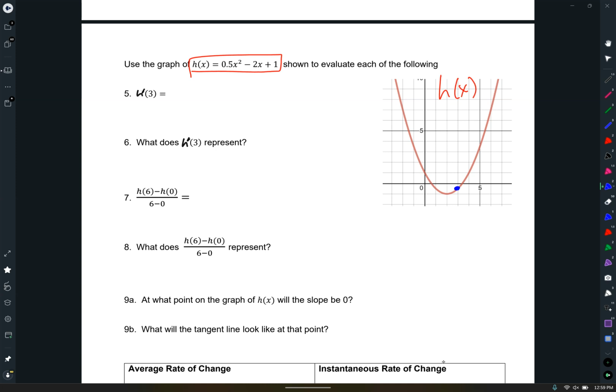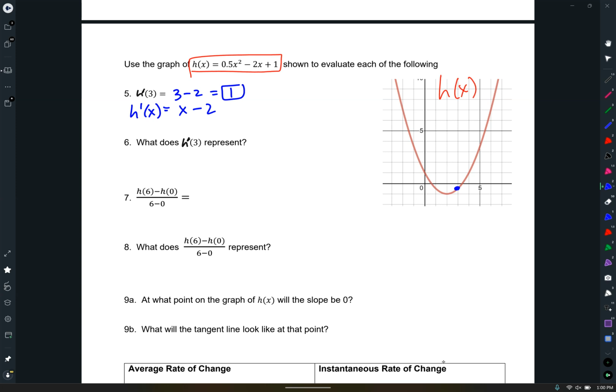So I know that h prime of x is going to be, bring down the 2 times the 1/2, so that's going to cancel, x to the 1st minus 2, which means h prime of 3 would be 3 minus 2, which is 1. But notice I used good notation. I didn't say h prime of 3 equals x minus 2 because that's h prime of x. So be careful about your notation. You will lose points on free response when you have bad notation.